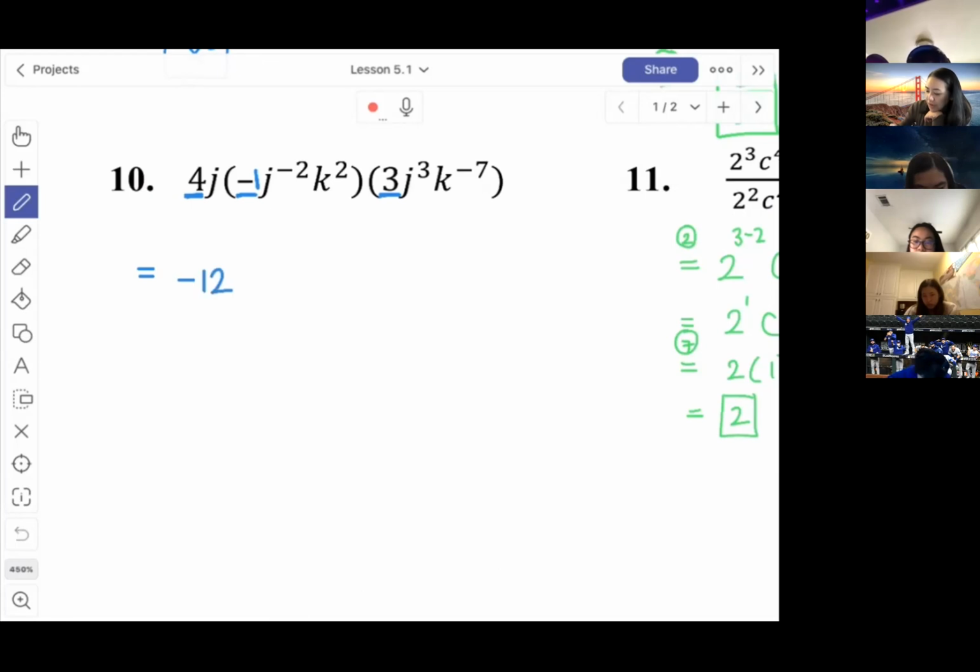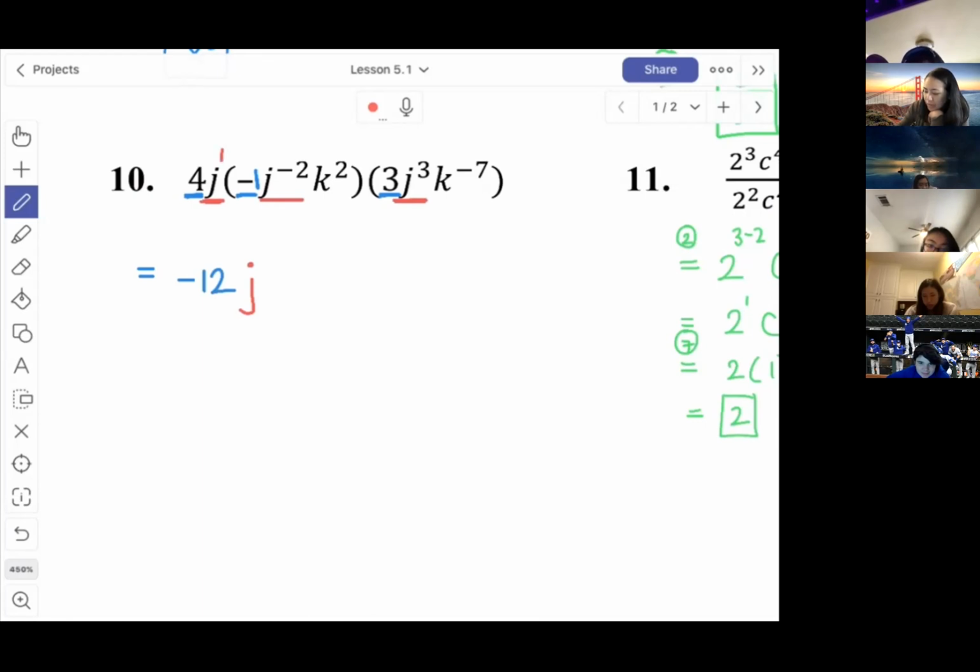There you go. Okay. So now, because there's a lot going on, focus just on the j's. What property can I use and what do I do with those exponents? You would add them. Good. So -2 plus 3, so that would be just j, I think. Or j to the 1.